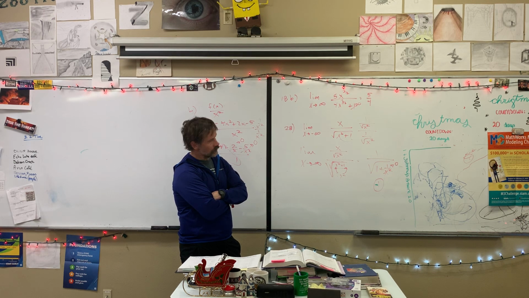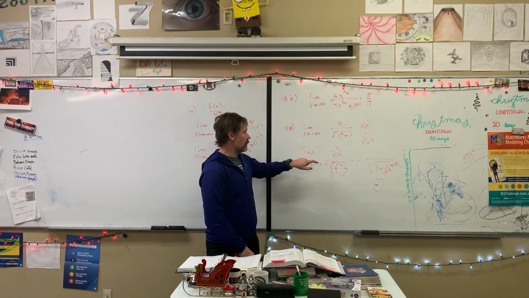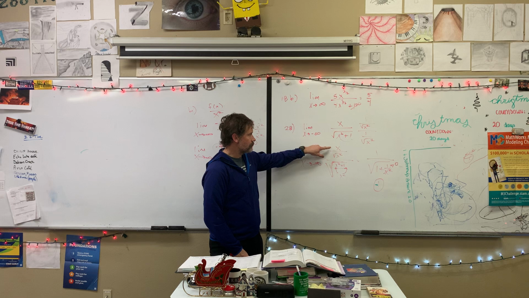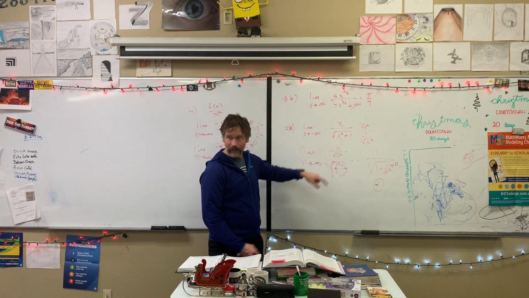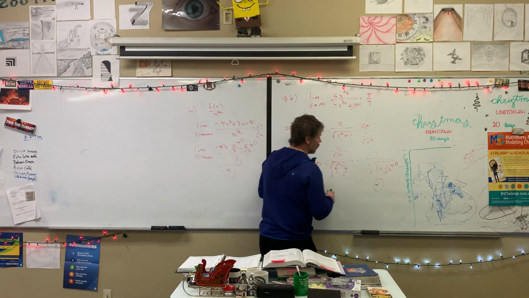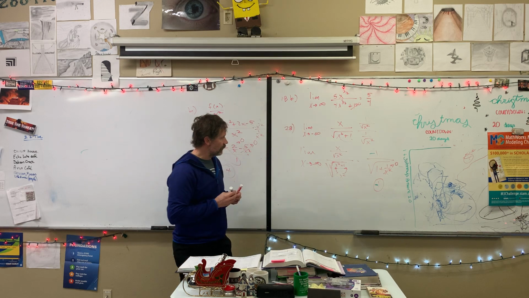Because of the square root or because of the negative infinity? The negative infinity. If you think about it, you're plugging in a negative infinity up top over a positive infinity, so it ends up being a negative 1. That should have been a negative 1 on top there, so, error on my part not recognizing that.